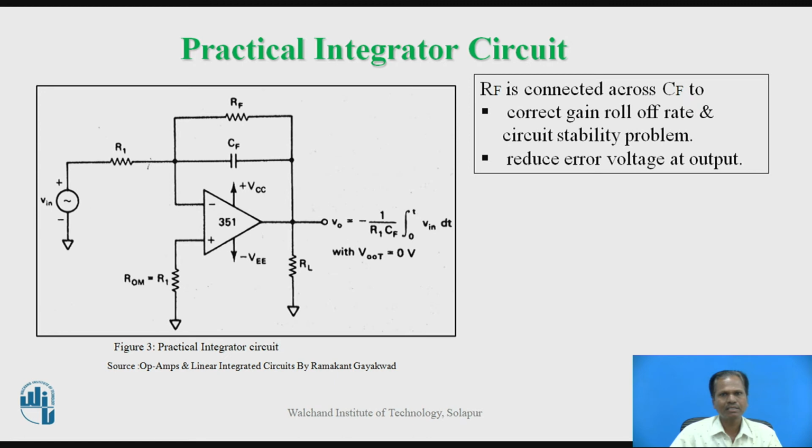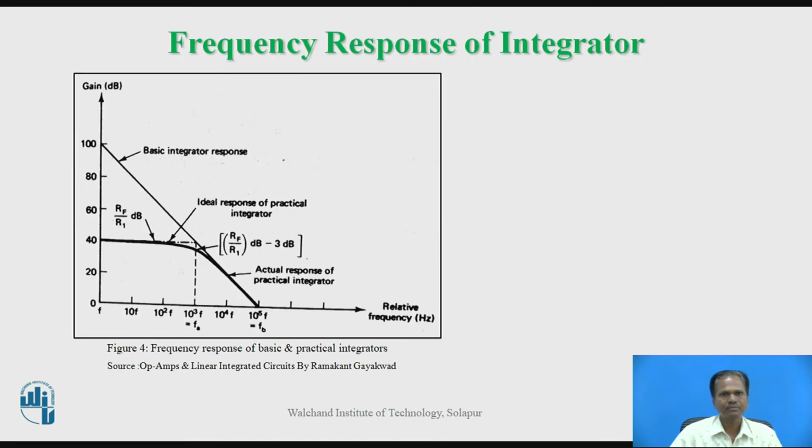So RF is connected across CF to correct the gain roll-off rate, correct circuit stability problems and reduce the error voltage at the output of the integrator. So this is what a practical integrator circuit is.